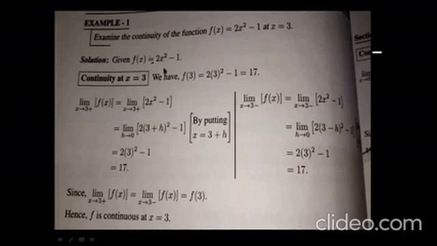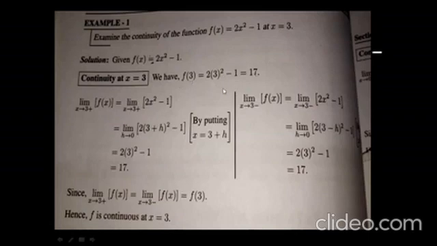The function is given as 2x² − 1, so find its value at x = 3. If you substitute x = 3, you get 2 multiplied by 3² minus 1, and after simplifying you get 17. So the value of the function at the point 3 is 17.